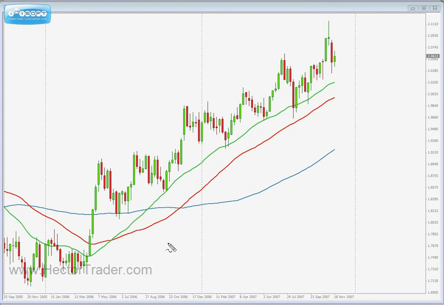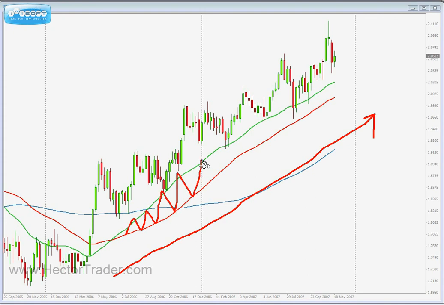So in this case, now that we've recognized that we are in a trending chart, the area we want to keep an eye on is the area, remember, between the 30 and the 50 simple moving average. And especially the pullbacks to that area, in order to verify whether we get a bounce off that area.